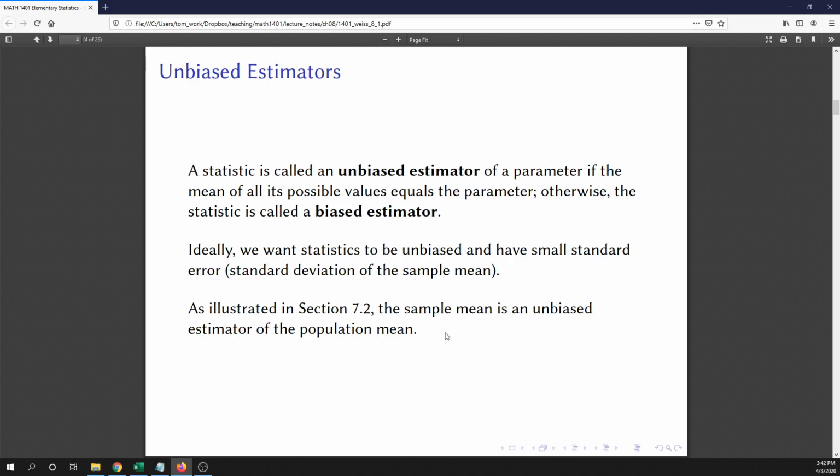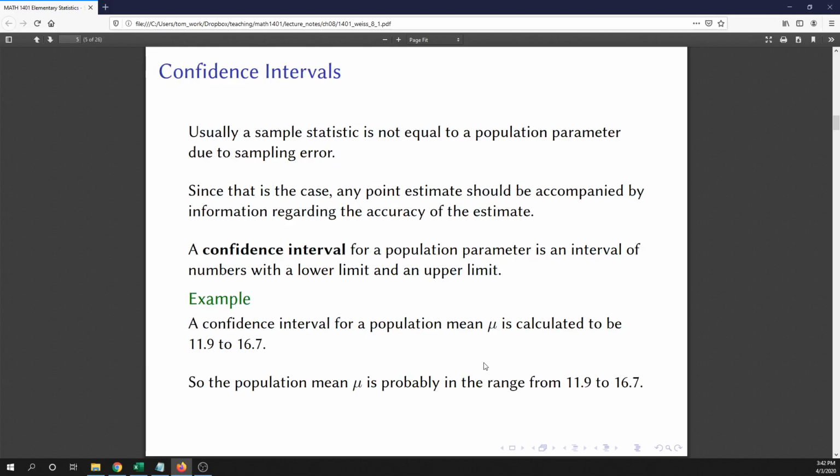Like I said, in section 7.2, we had an illustration that seemed to indicate that the sample mean was an unbiased estimator of the population mean. Whenever you take a sample statistic, it is not usually equal to the population parameter.